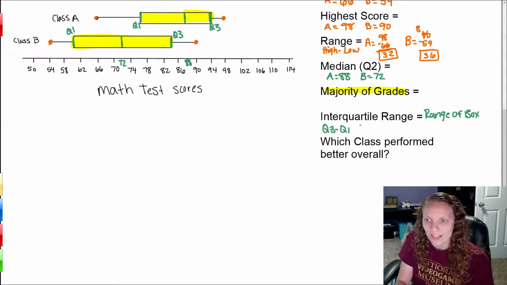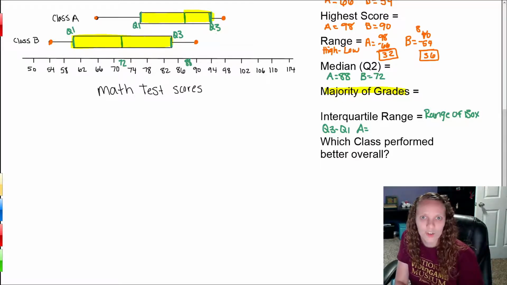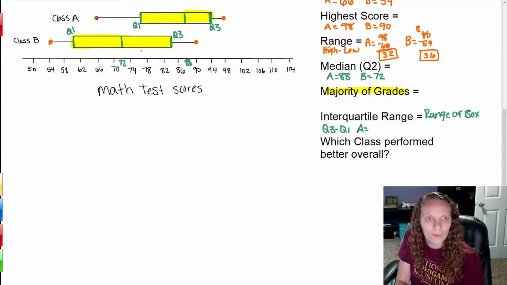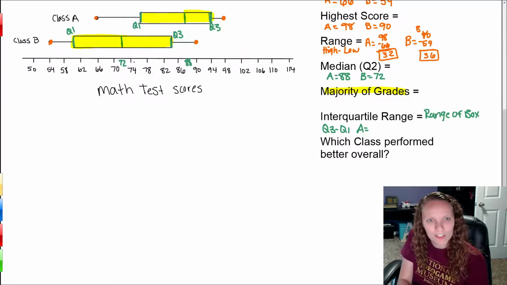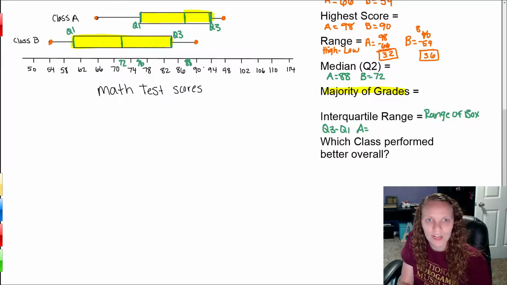So for class A, quartile 3 is 94, and then we would subtract in between 74 and 78, that's 76. So we'll do 94 minus 76.